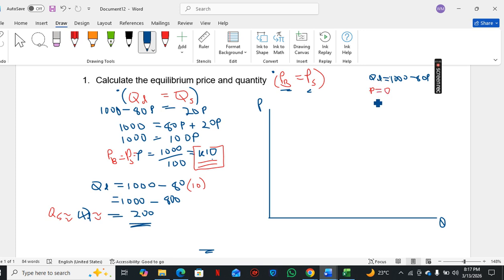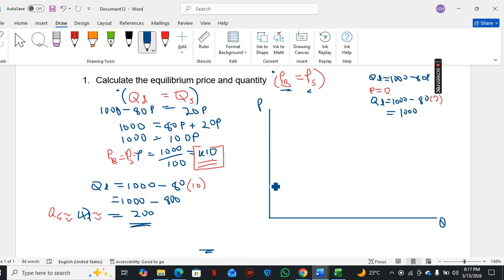Find out how much will be demanded. 80 times 0 is 0. 1000 minus 0 is 1000.